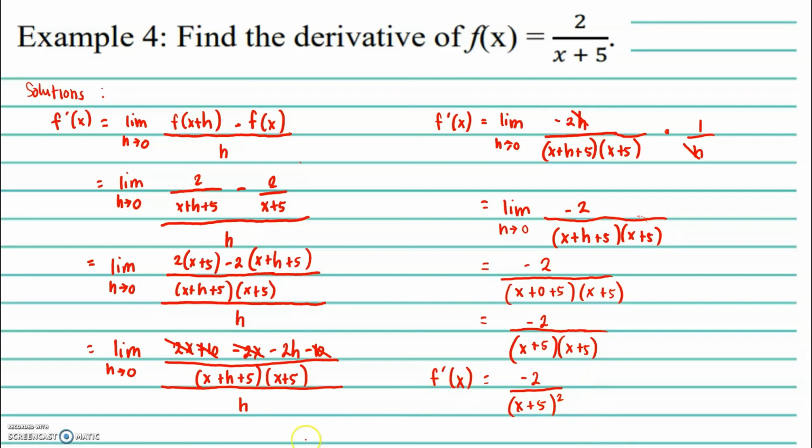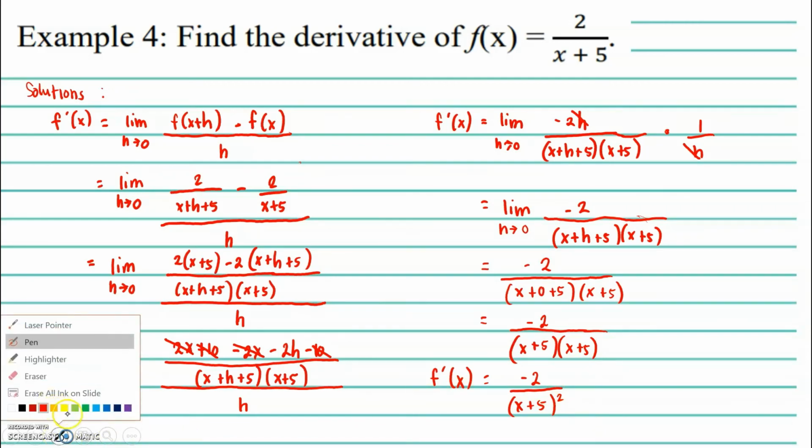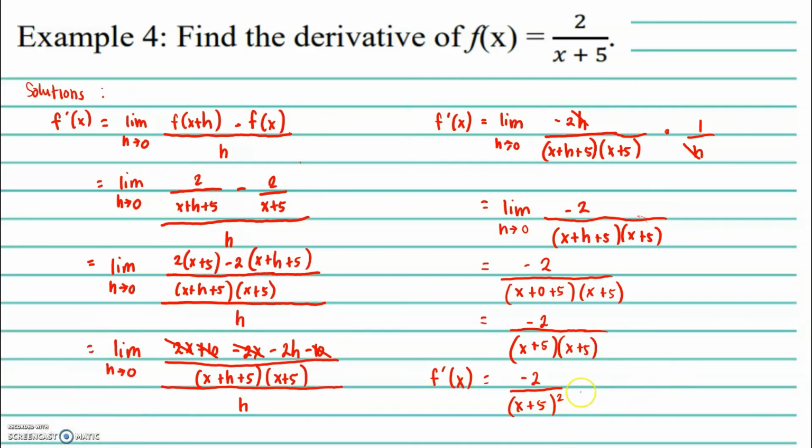Right? Now let's box our final answer. That is the derivative of the rational function 2 over x plus 5.